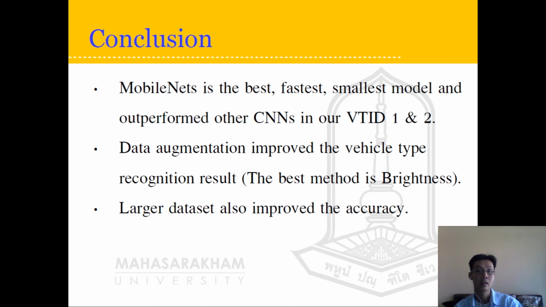And with 2 datasets, we can confirm that the larger data has also improved the accuracy of image recognition. This is all the result of our research in this paper.